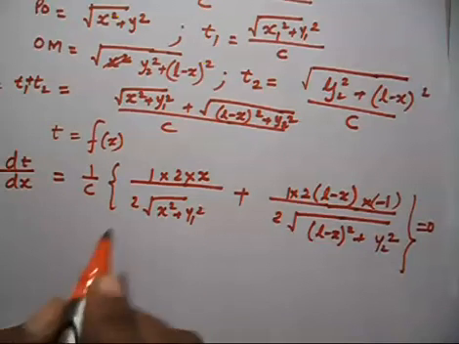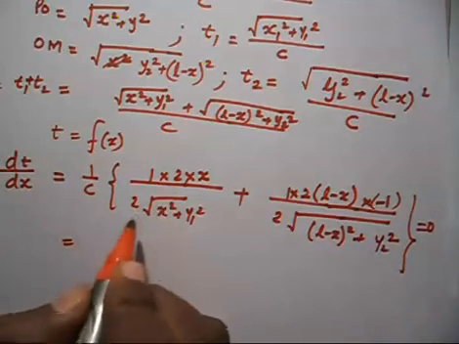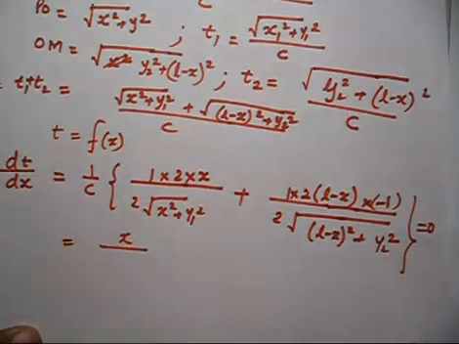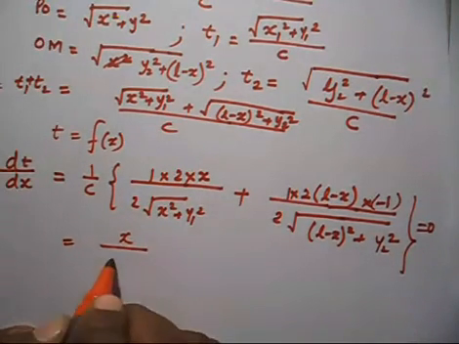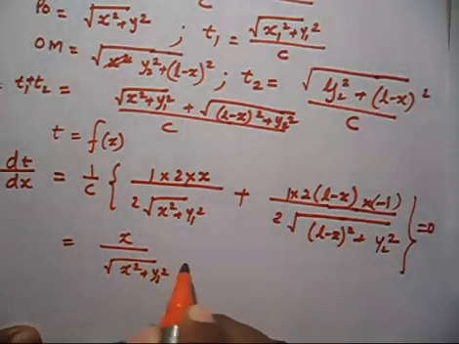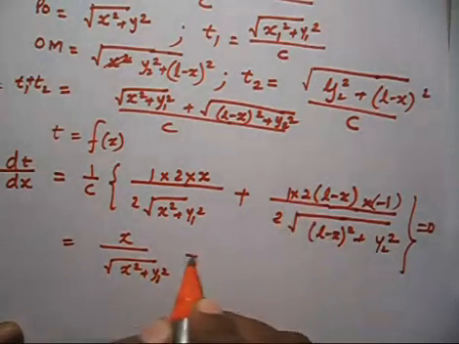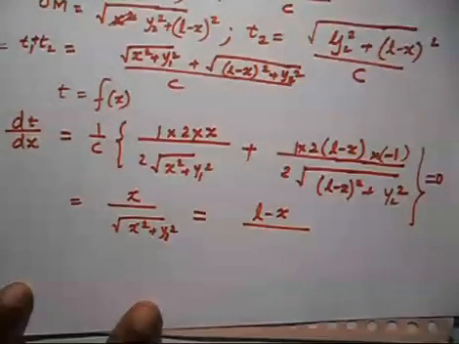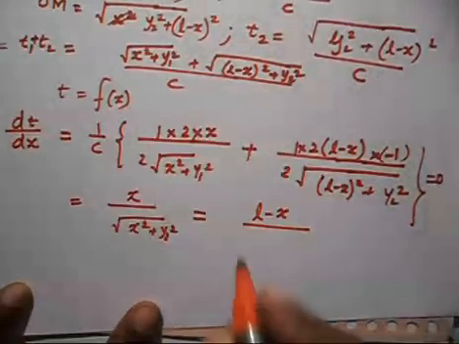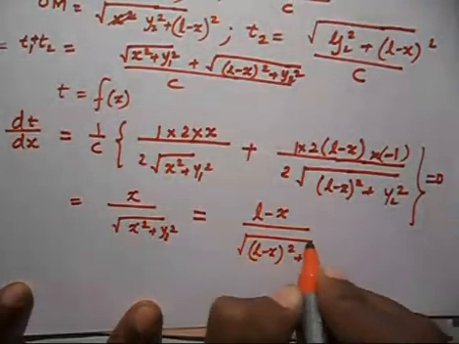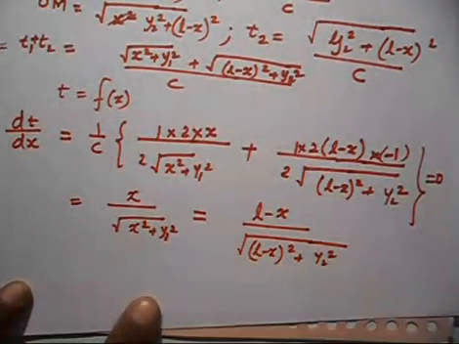Now c goes to that side, and you will have 0. x divided by root over x square plus h1 square. Now this goes to that side, so the 2 cancels out and the minus sign goes out, so L minus x divided by root over (L minus x) whole square plus h2 square.